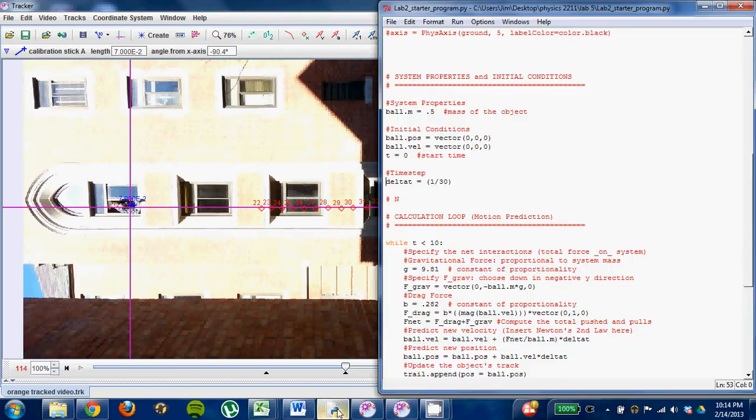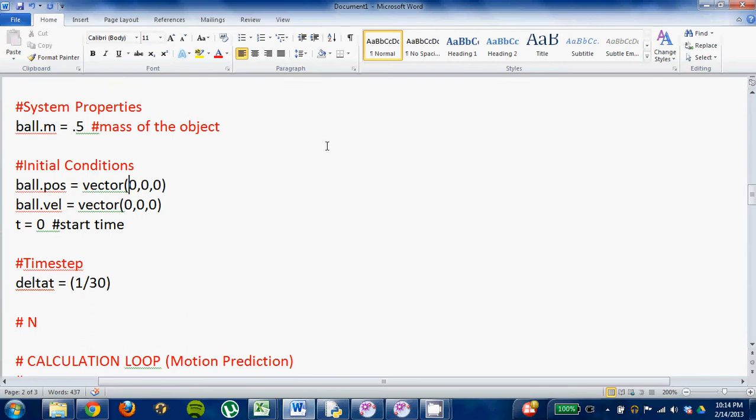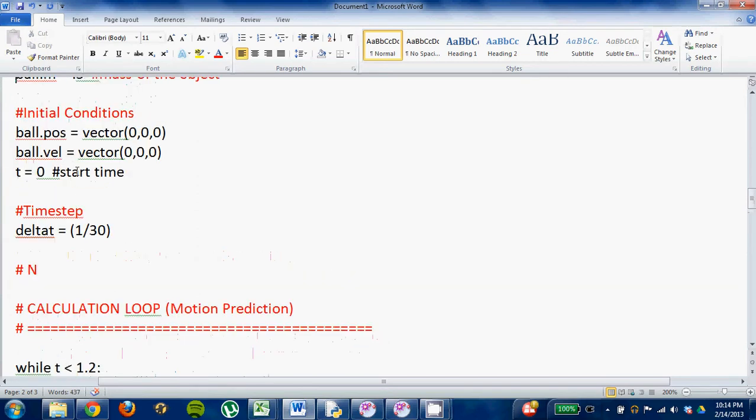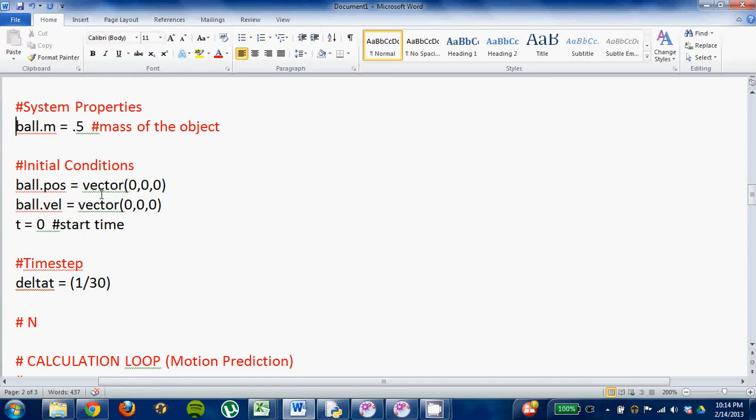Now, in order to model this, we used VPython, a program here, and how I started was with the initial conditions. I set the initial mass of the orange, or the sock, which was different for both cases. And since it started at the origin, because of how I chose my axes, I have it starting at 0, 0, 0.